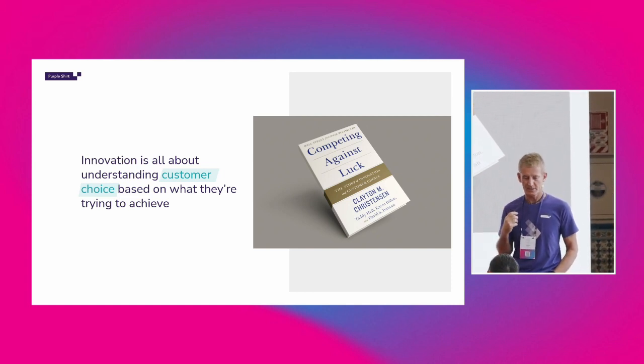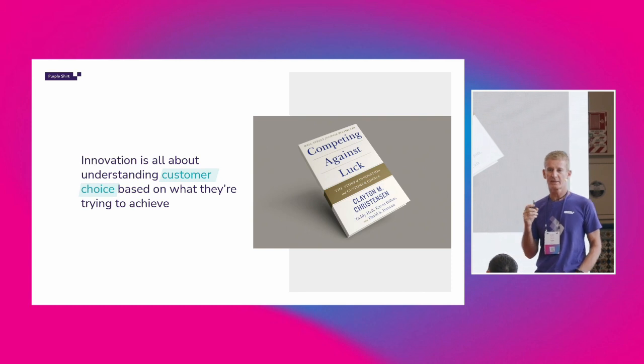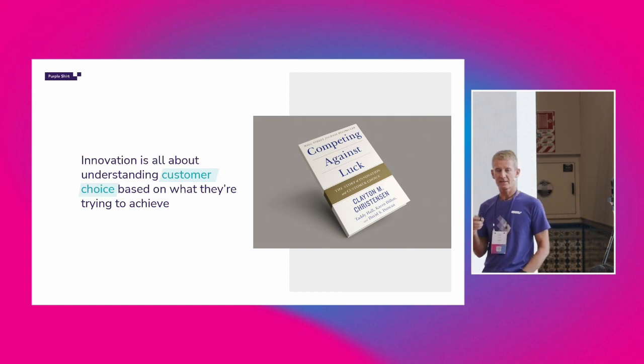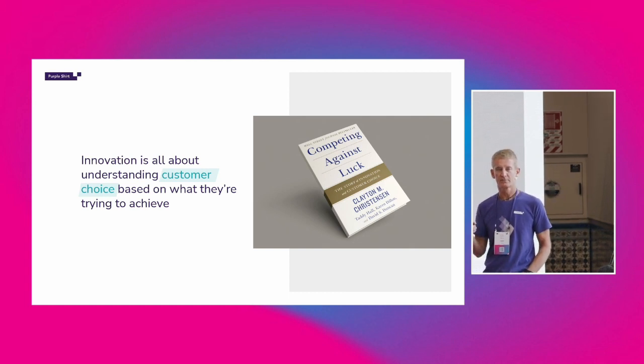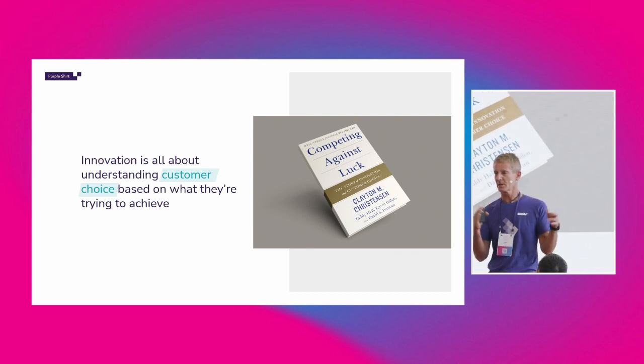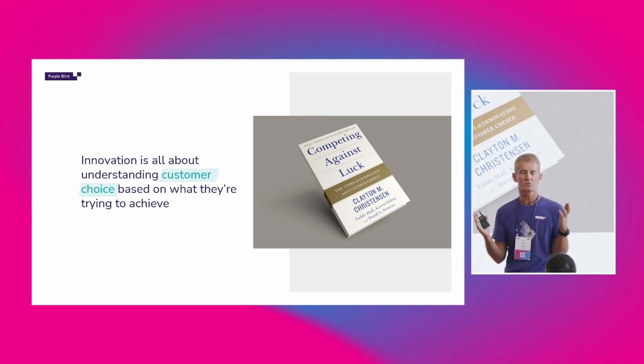And Clayton Christensen's insight was that's the wrong thing to do. His insight was you shouldn't be worried about the customer. You should be worried about what the customer is trying to achieve. You don't care what the customer looks like in terms of their attributes and how to define them or describe them.